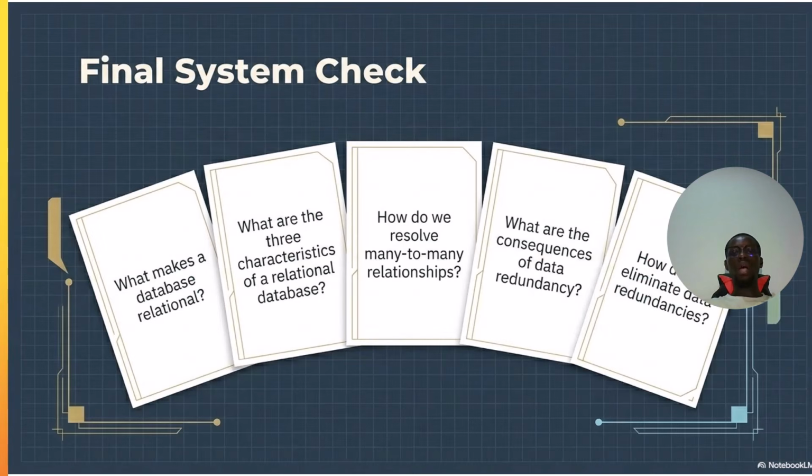Okay. And how do you resolve many to many relationships? We talked about how we can solve that by using the junction or the bridge table. And then what are the consequences of data redundancy? We talked about that. How do we eliminate redundancies? We've talked about that one too.